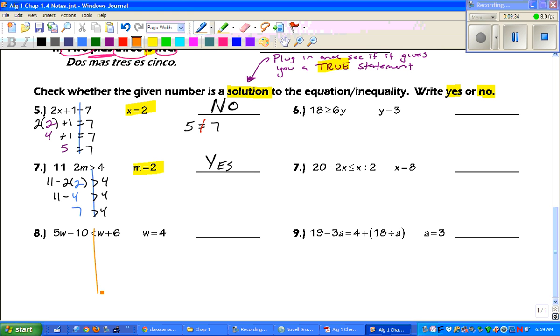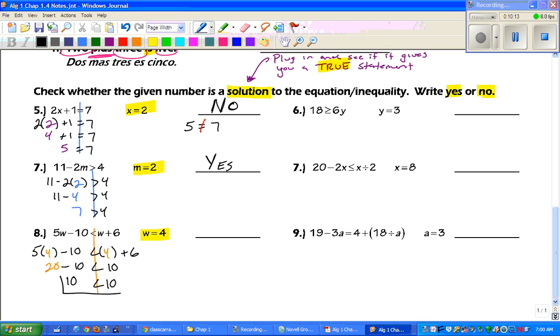Now, number 8. W equals 4. The only thing that's different about this one is that we have W on both sides. Order of operations, let's do the left side first. So 5 times 4 is 20. And then 20 minus 10 is 10. 4 plus 6 is 10.